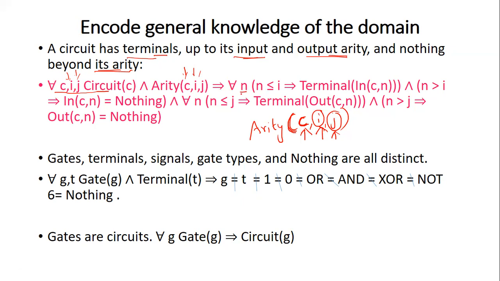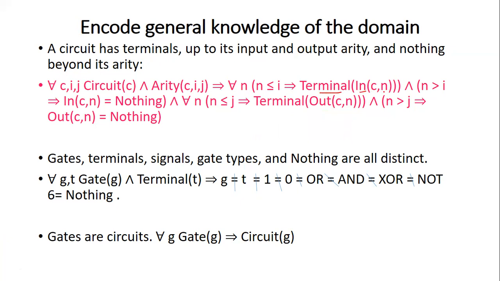It implies that for all n less than or equal to I, terminal of input of C comma n, right?